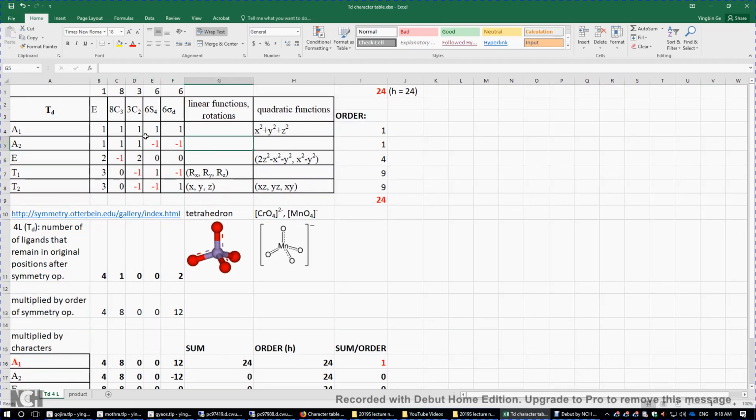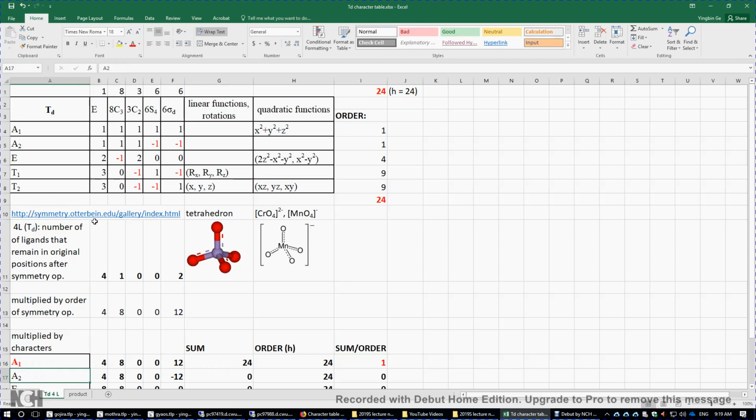Let's look at A1. 1, 1, 1, 1, 1 multiplied by these 5 numbers, and we get the same 5 numbers, and then we sum it up. The sum of the 5 numbers is 24. And then 24 divided by the order of the tetrahedral point group, we get 1. That means the 4 ligands form one A1 irreducible representation.